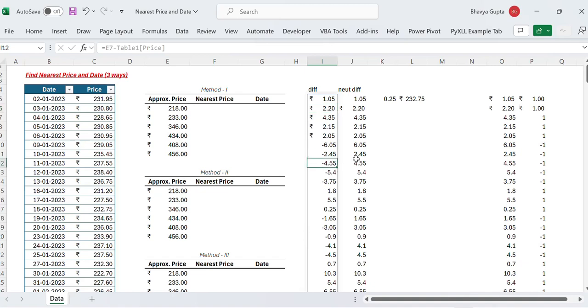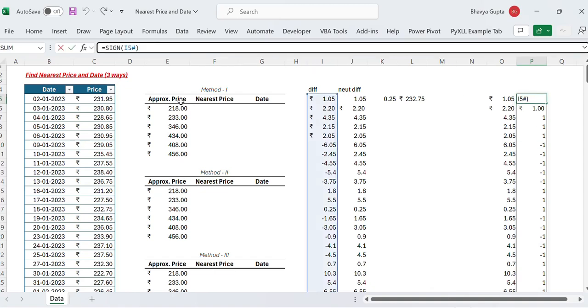And when we multiply two negative numbers, then also we get a positive number in return. So if we multiply, let's say, 4.35 with 1, we will get in return 4.35. If we multiply minus 6.05 with minus 1, we will get the positive number 6.05 in return. Right. So that is also something we can try out.